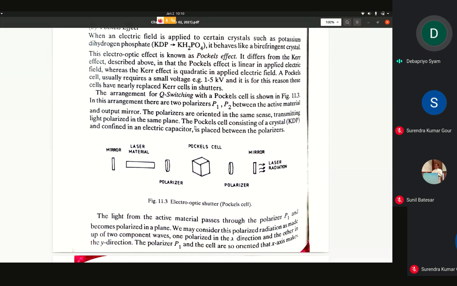So the radiation appears at the end of the period during which the excitation was being produced by the xenon flash lamp, and the entire energy is delivered in a single pulse of duration a few hundred nanoseconds. So it can be a very powerful pulse that can cause photochemical reactions. It can be used to create an explosion, and it can be used in various different ways.